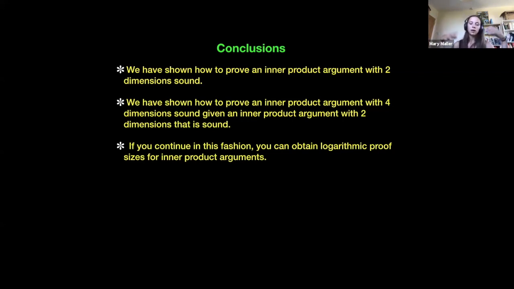All they're doing is saying, here's a load of pairings, I'm going to compute another load of pairings in order to convince you that this is correct. So what you end up with is larger proof sizes and larger verification costs, but much, much smaller prover costs.